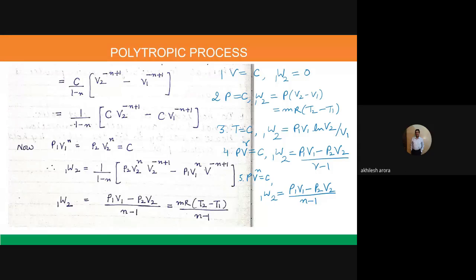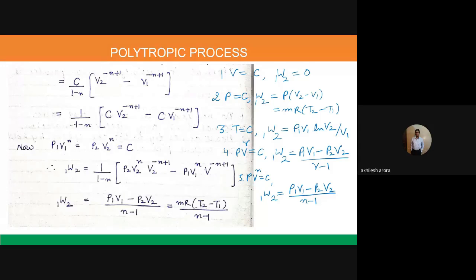Teacher, yes. If I understand well, it means polytropic process can work in all different processes, because here we have temperature constant, pressure constant. It means here polytropic process has the same rule as the other processes.